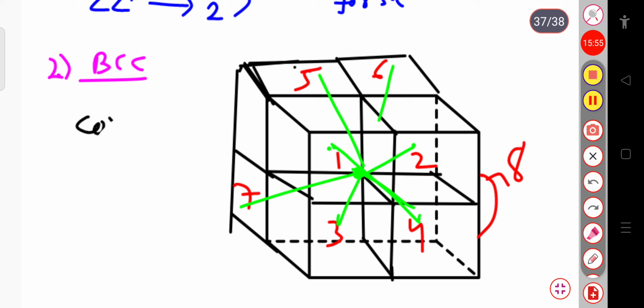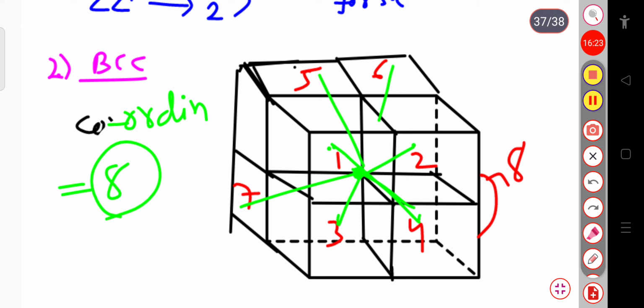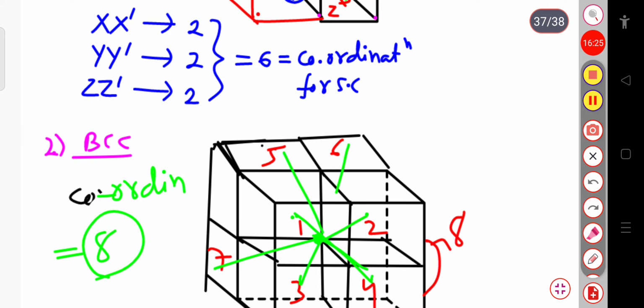Or you can say that for the body centered atom, the corner atoms are at equal distances, and for the corner atom, the body centered atoms are at equal distances. So in the BCC structure, or body centered cubic structure, the coordination number will be equal to 8. For the simple cubic structure, this is 6. For the body centered cubic structure, this is 8.